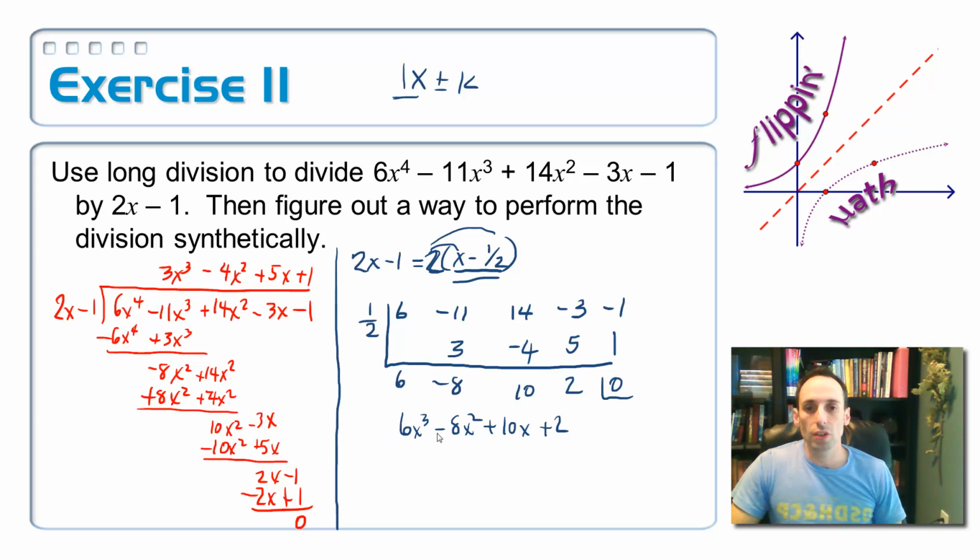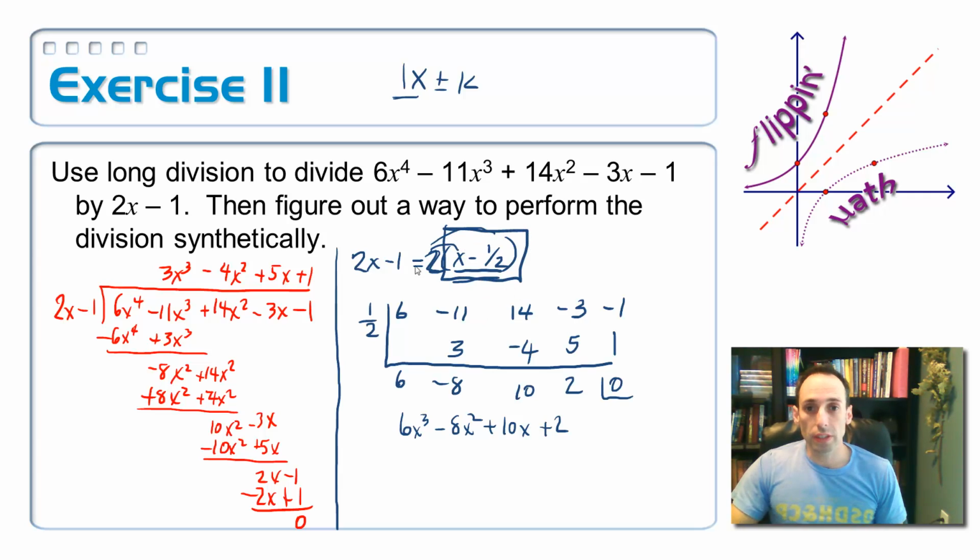But when I do, look at my answer. It is 6x cubed minus 8x squared plus 10x plus 2. And if I look at my answer here, it's not what I have. Look at that answer, the one in red versus the one in blue. What do you notice about them? The one in blue, they're all twice as big as they need to be. The reason why is because all I have divided by is x minus a half.